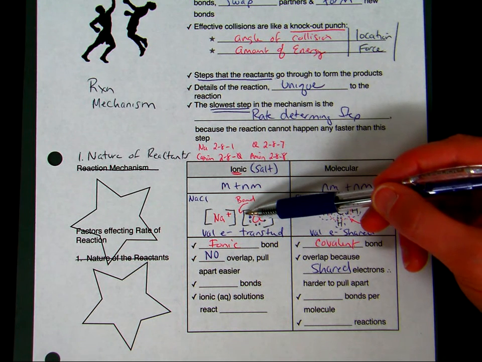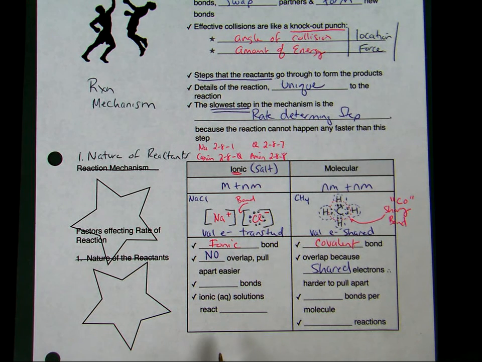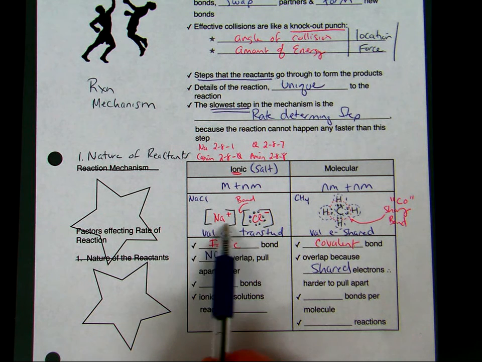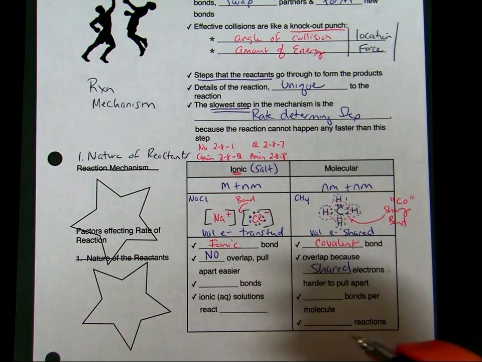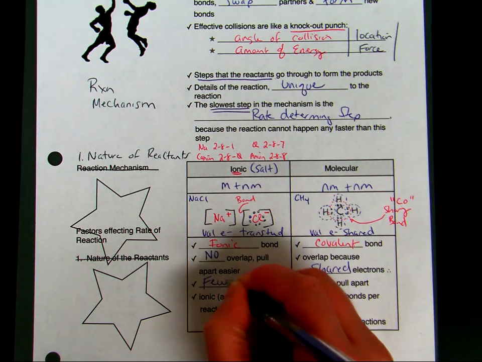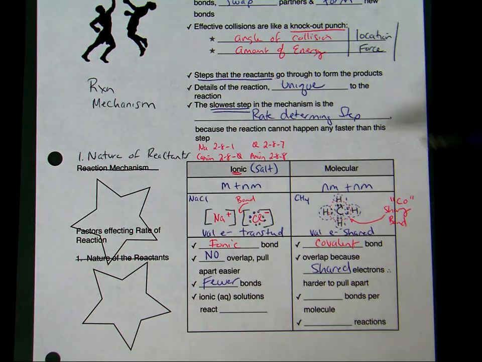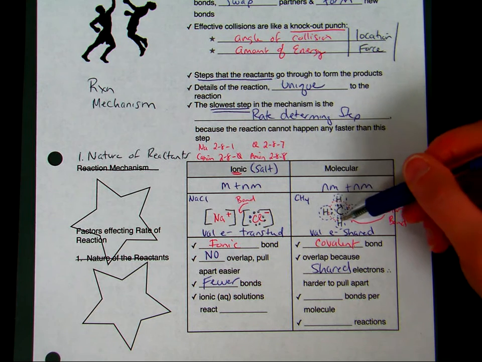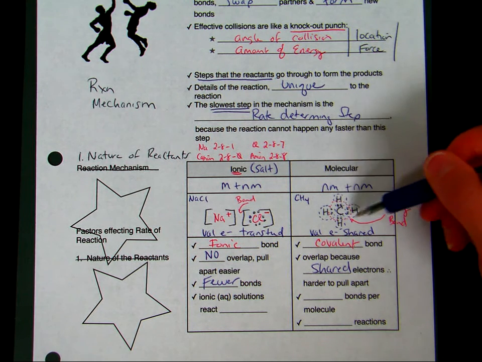Also take a look at the number of bonds. Here in NaCl, this one set of brackets represents 1 bond. So as a general rule, ionics tend to have fewer bonds, and in moleculars, each overlap represents a bond, so there's 4 bonds shown here.